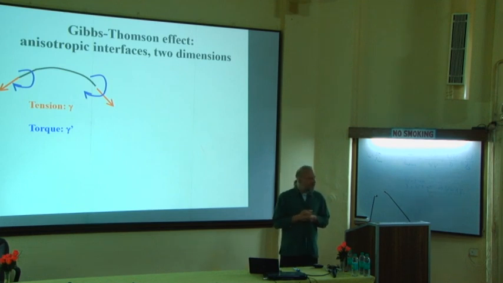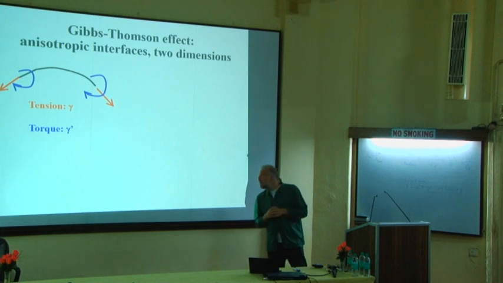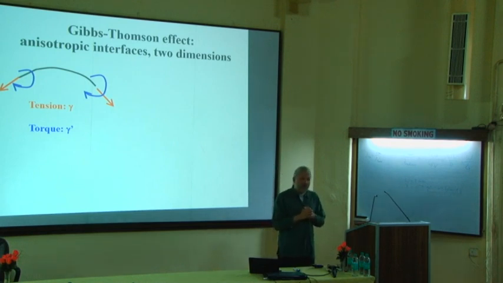If your interface energy becomes anisotropic, that is, if the interface energy depends on the orientation of your surface with respect to the crystallographic axis, then there's a new effect, because now your surface can change its energy in two ways.